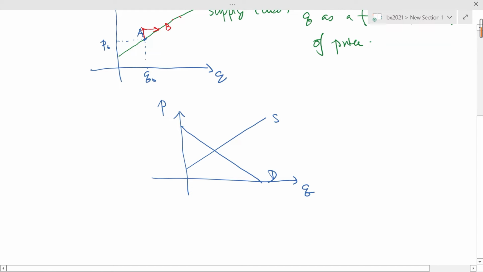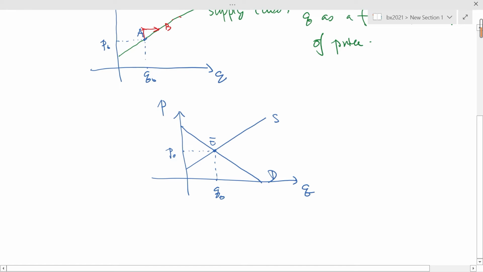By looking at these diagrams, clearly the intersection point is of importance. It is. We call this the equilibrium of the market. The equilibrium point means that the equilibrium price for coffee is P0 and the equilibrium quantity is Q0.